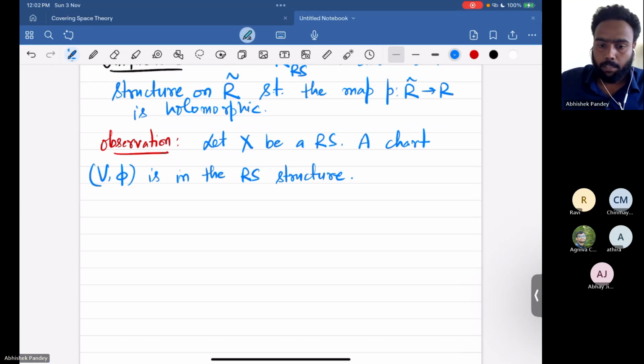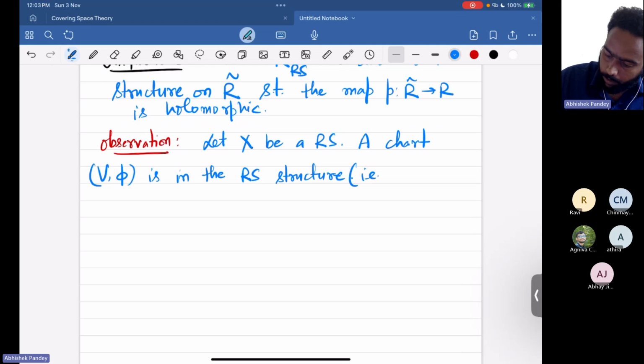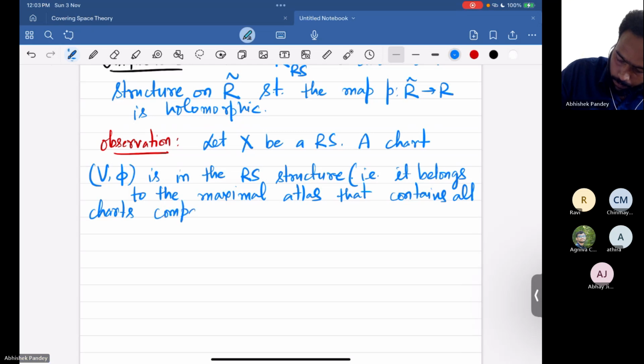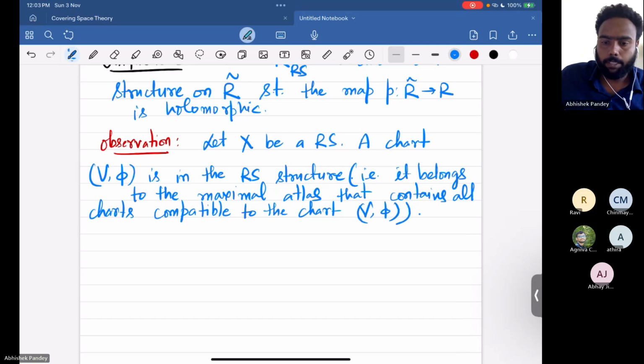Is it clear? Write it down. That is, it belongs to the maximal atlas that contains all charts compatible to the chart V comma phi.